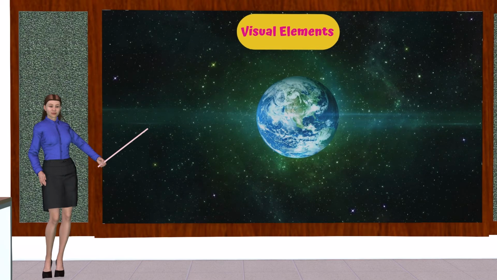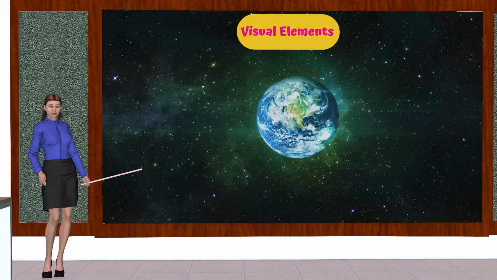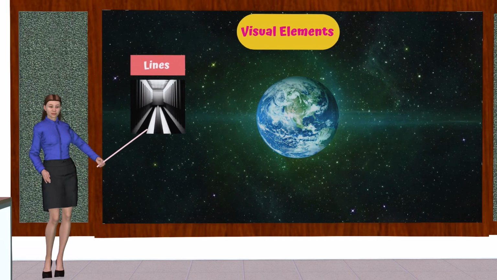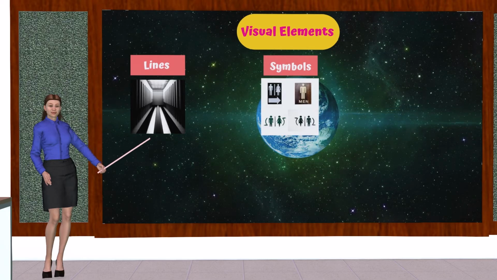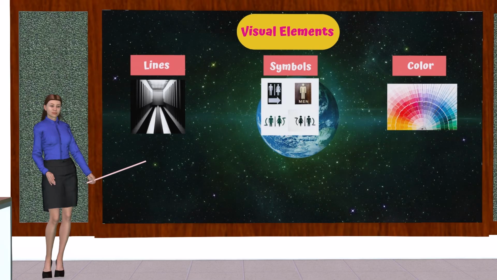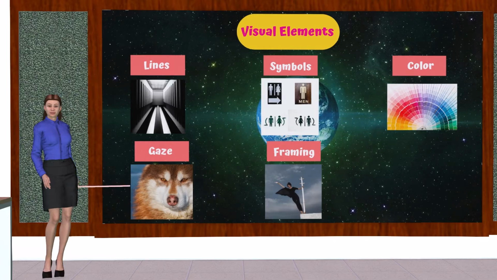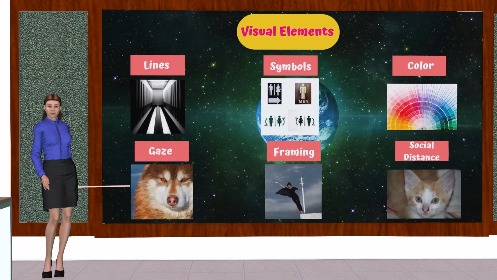Visual images have visual elements, and these are the followings: lines, symbols, color, gaze, framing, and social distance.